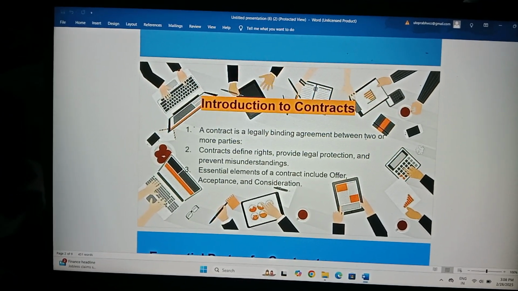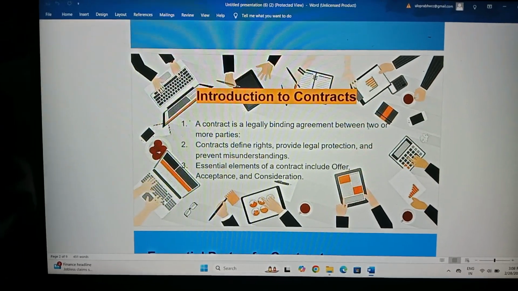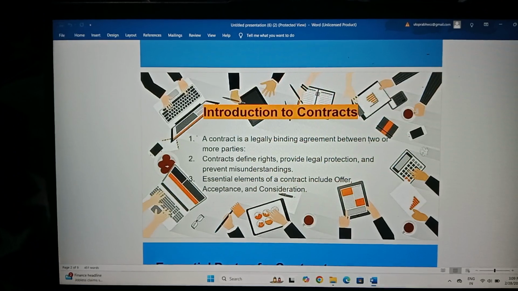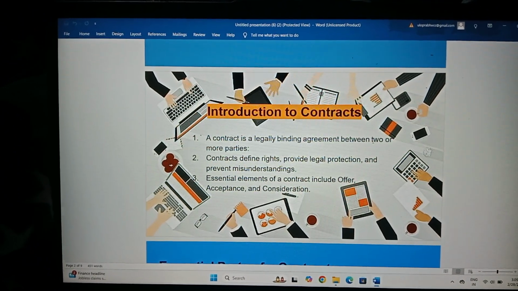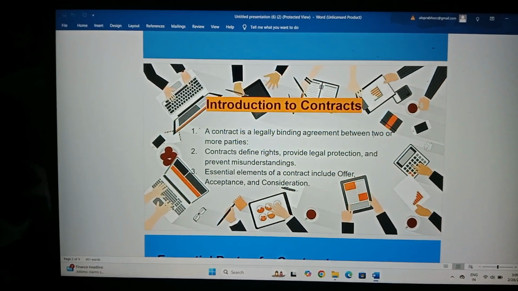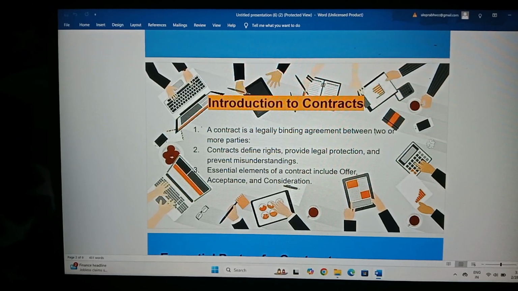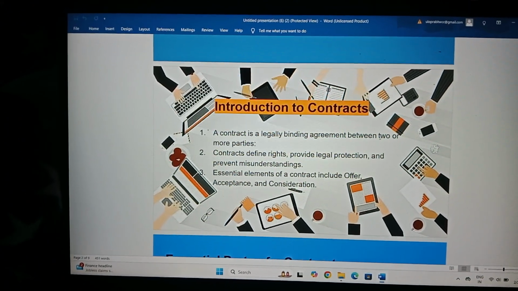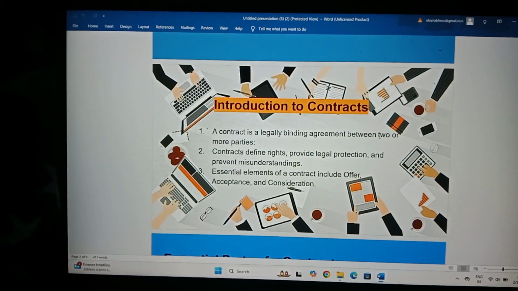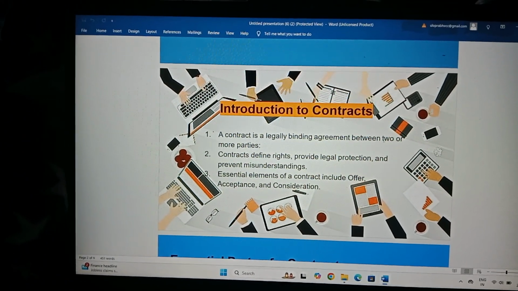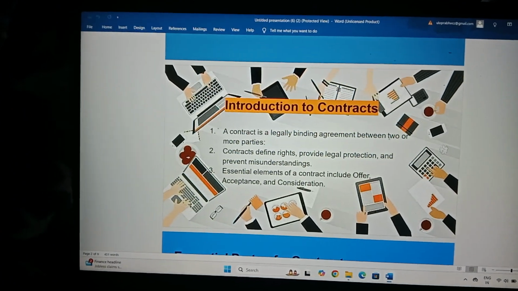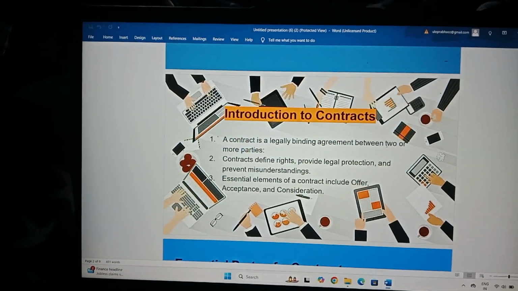So the second point is its introductory words, like different writers, different textbooks, different legal resources. And the third is its essential elements, like of a contract include offer, acceptance, and consideration. These are the main elements of a contract.